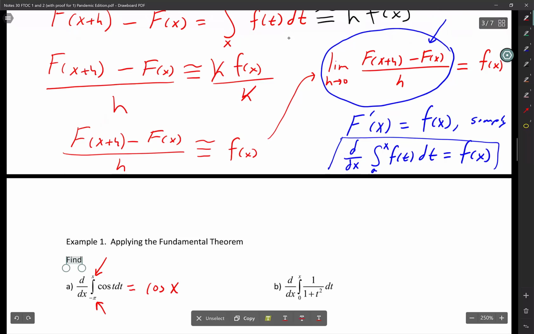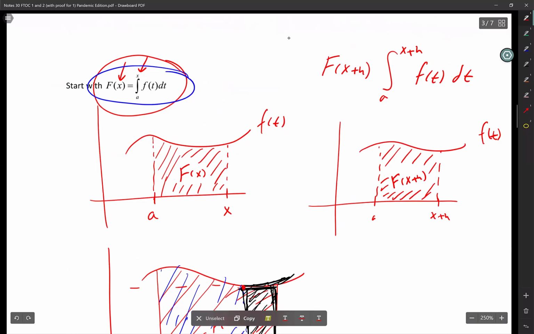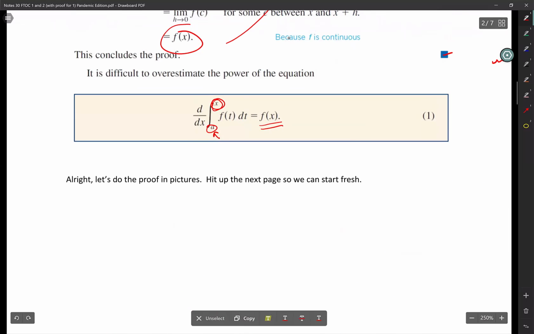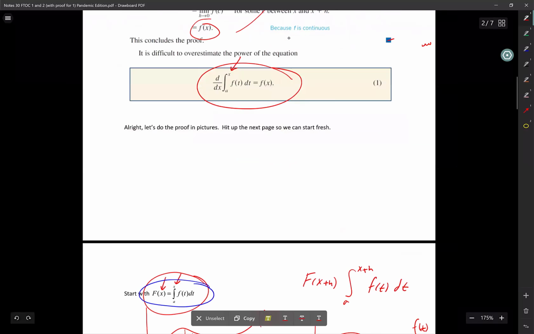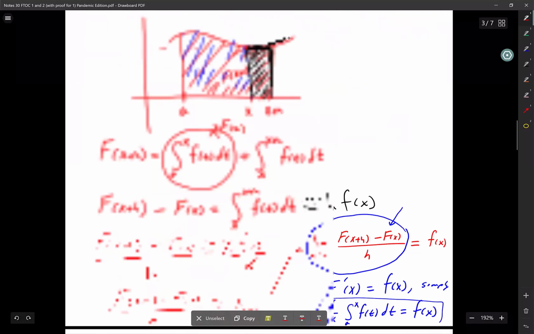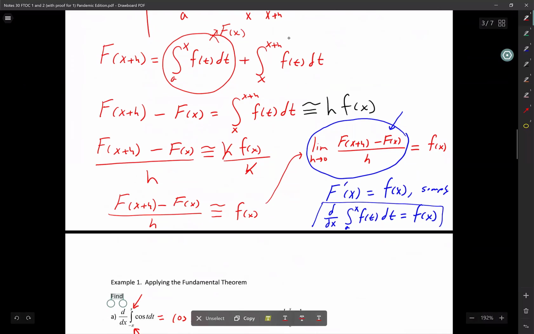I'm just doing this rule right here. I took the derivative of that integrand, as long as I have a variable x at the top. And we proved it too with pictures, that the derivative of that integrand is just f of x.